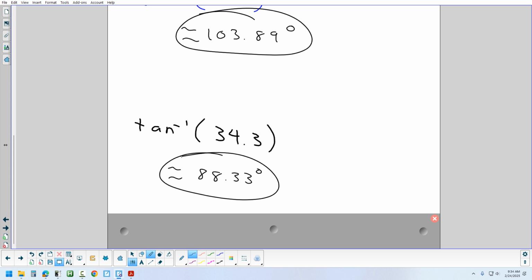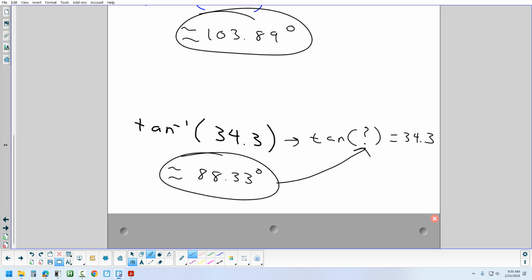All right. Now, I know I've shown it a couple times, but I want to just write it one more time because you're going to need this in the last problem we do. This really means the tangent of what comes out to 34.3. And we know that it's now 88.33 degrees.